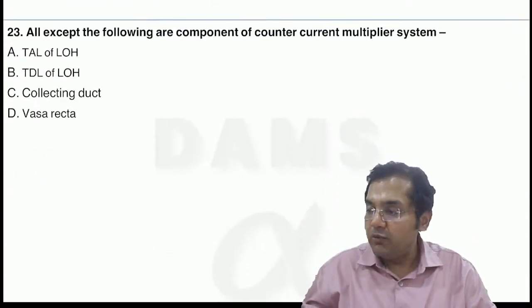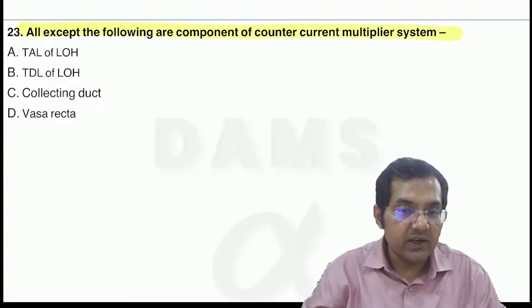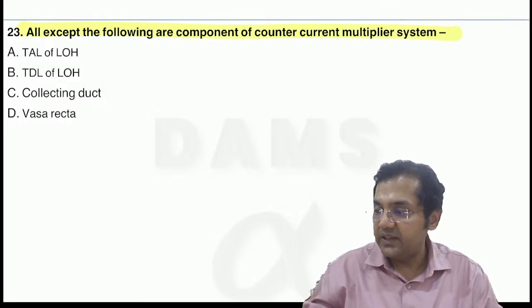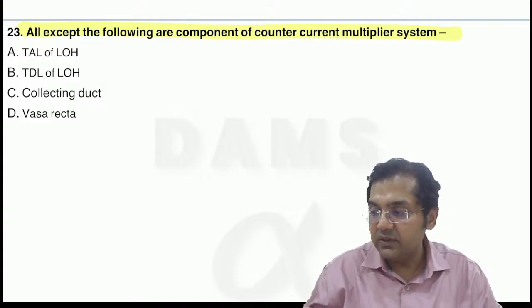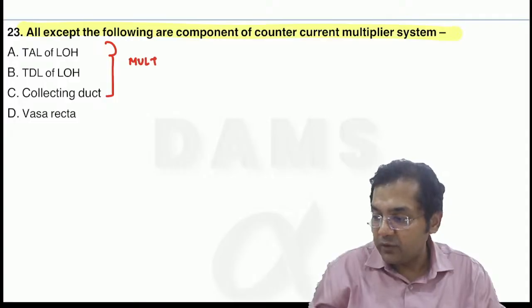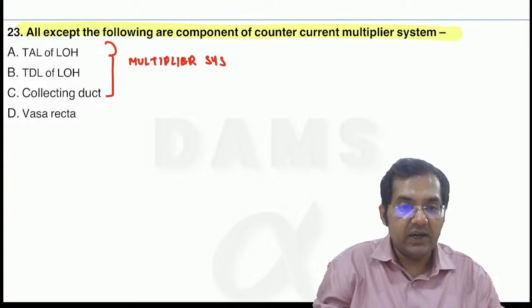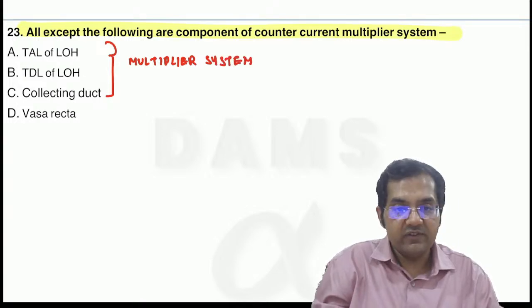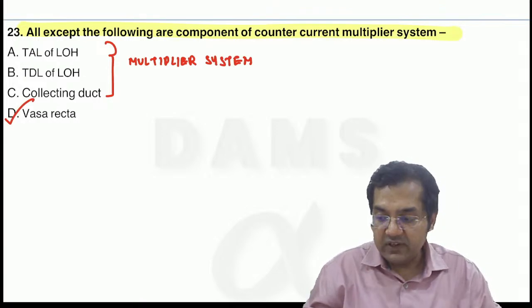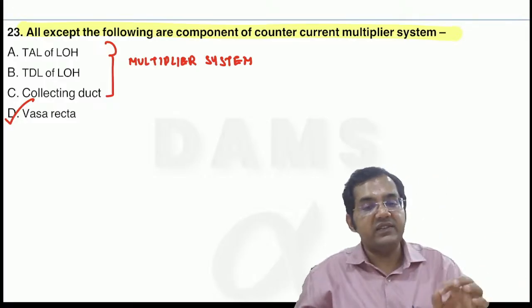Moving to 23. All except the following are components of countercurrent multiplier system. I think I already told you the answer earlier, that these three are components of the multiplier system, but vasa recta is not the component of multiplier because multiplier generates the hyperosmolar medulla.